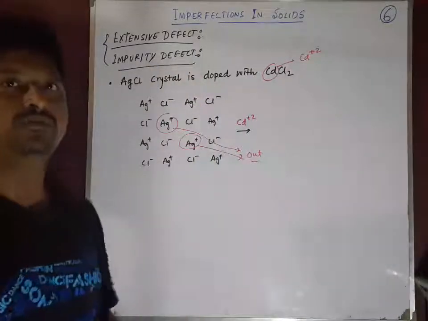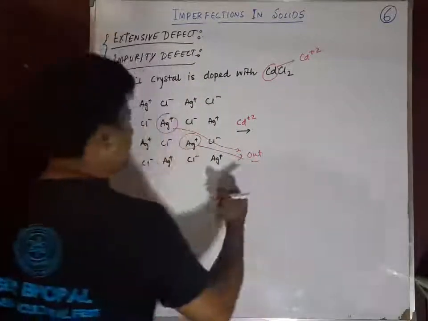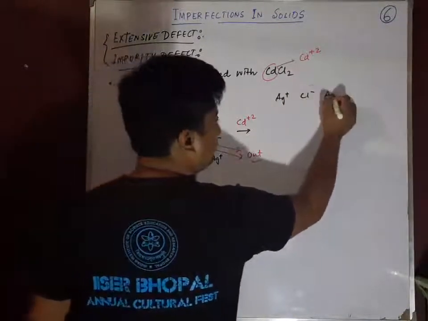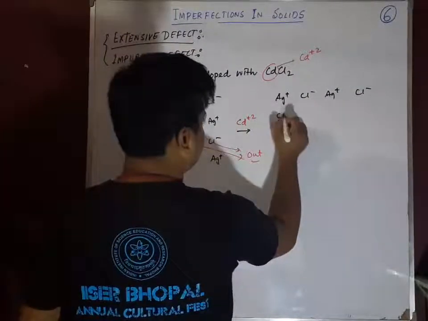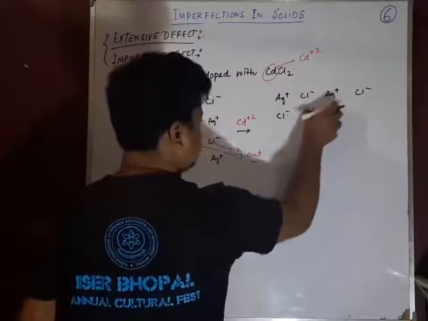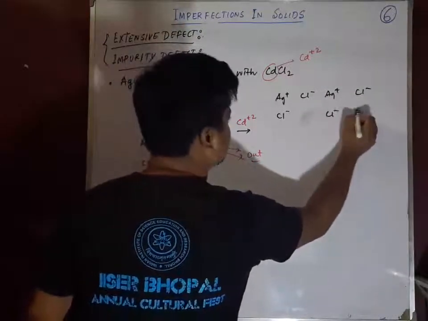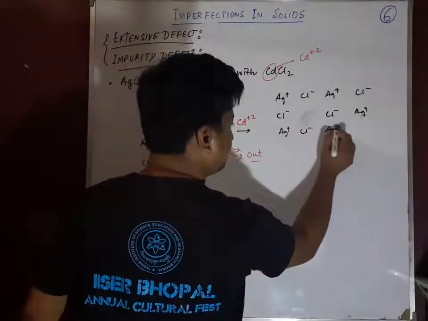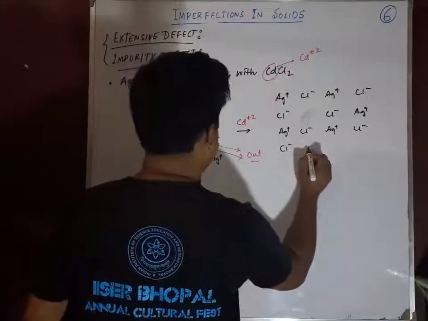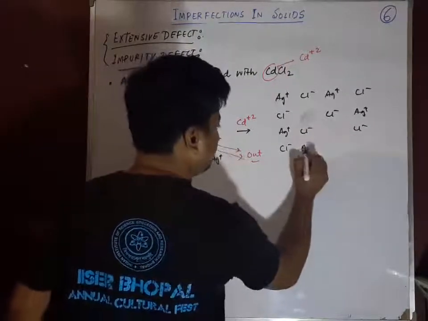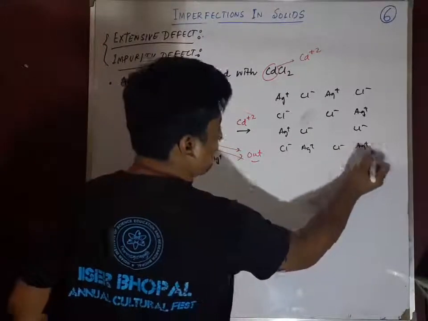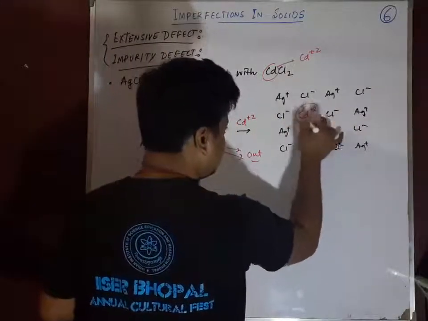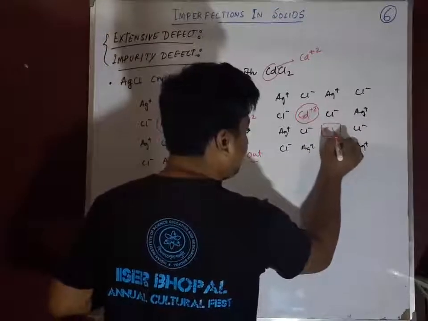The resultant structure will be like this: here will be a cadmium plus 2 and here will be a cationic vacancy.